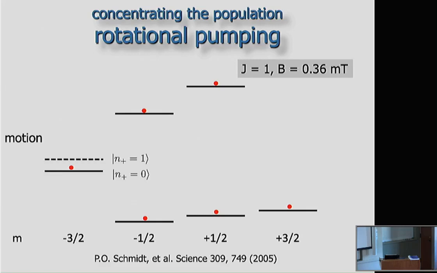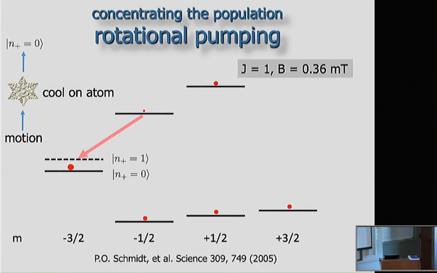So again, you still drive this blue sideband, but the next step you do now is, rather than detecting, you just cool the motion. So you use the sympathetic cooling ion to cool the motion. And that means you're taking away this information, whether I am in 1 or 0, and you put it into the environment. And it makes this transition irreversible.